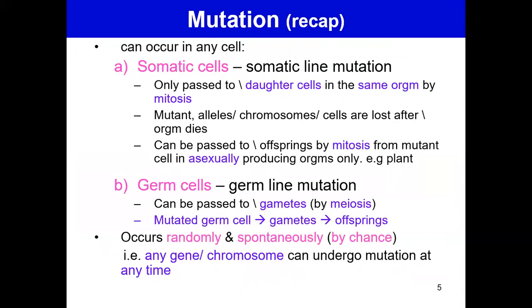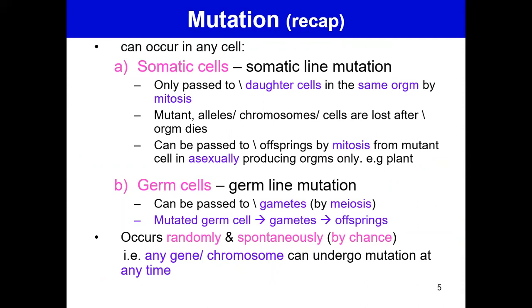Mutation can occur in any cell in our body. It can be in somatic cells or germ cells. If it occurs in somatic cells, it will not be passed to the offspring. But if it occurs in a germ cell, because a germ cell can undergo meiosis to form gametes, then it can be passed to the offspring. So that's how a parent that carries a genetic defect can pass it to the offspring through the gametes.